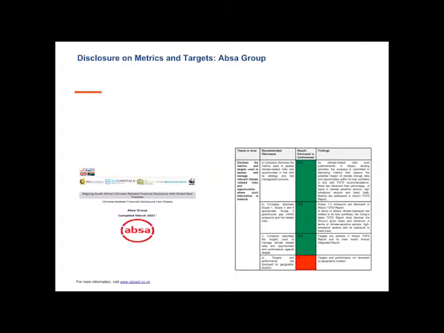So in terms of, again, examples around the disclosure space, if we look at ABSA Group, pretty basic in terms of at least looking at the scope 1, 2, and 3 in terms of the way forward, but a lot to be done in terms of underlying kind of assumptions, in terms of underlying understanding of what the company needs to do going forward as well.